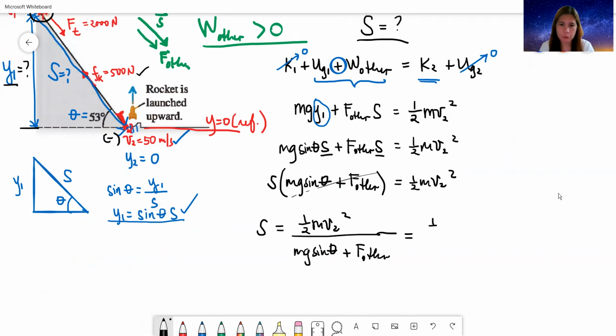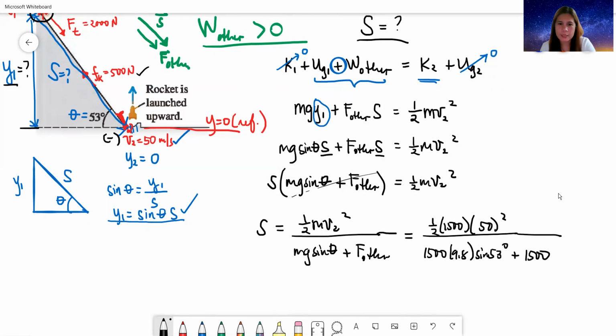So you have 1/2. The mass doesn't cancel out here because there is no mass in the other term, so we really put 1,500 and this is 50 squared over 1/2 times 1,500 times 9.8, we use 9.8 for g, times sine 53, plus the other force, which is just 1,500.